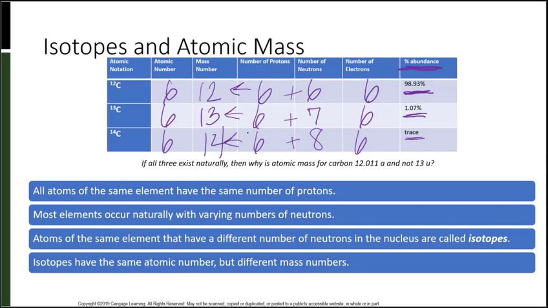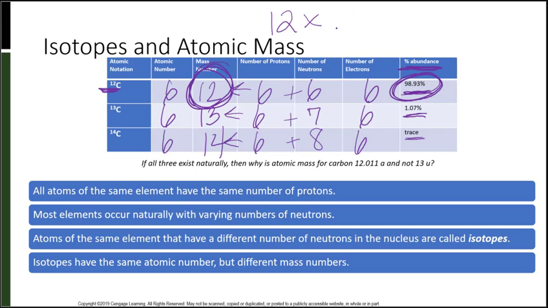So here's what we do when we want to go about finding the average atomic mass. I take the mass number that it tells me here, carbon-12, times this percent abundance, because 98.93% of it has a mass of 12.